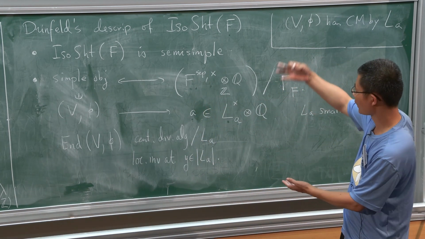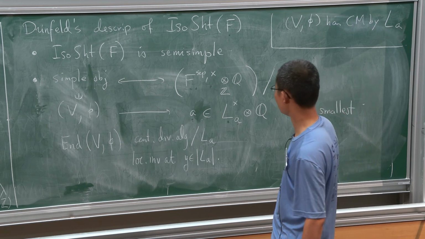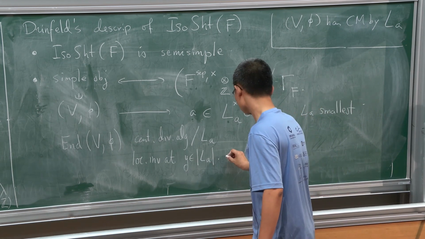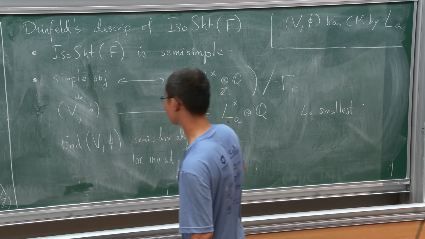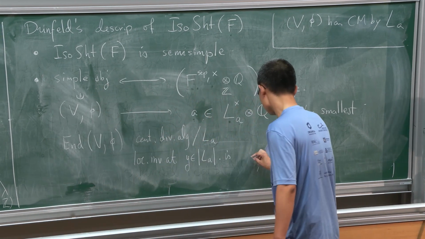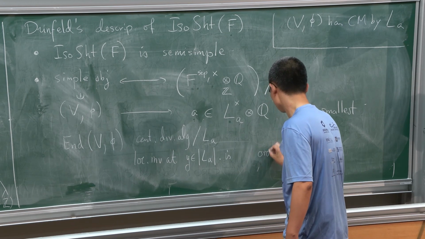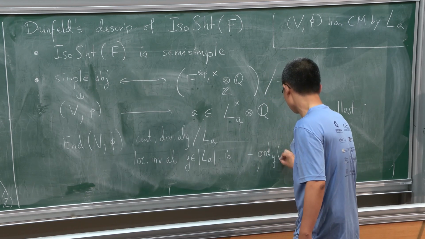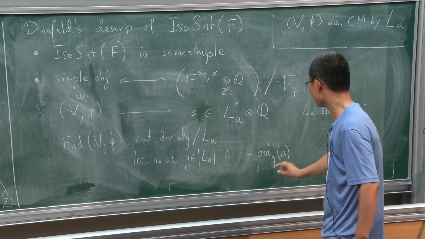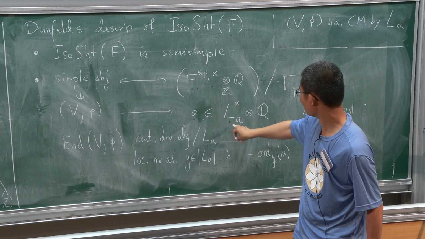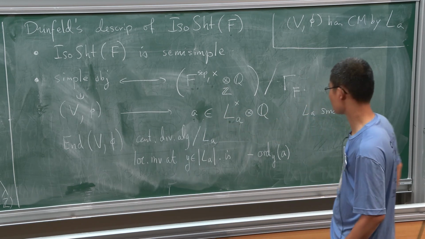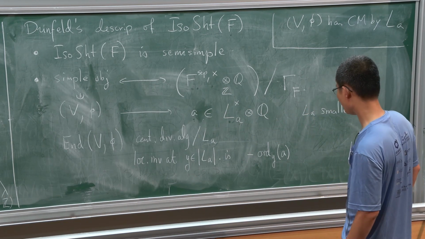So this is more refined than places over X. But the formula is just the order of A. A you can think of as a rational divisor on the curve whose function field is L_A.